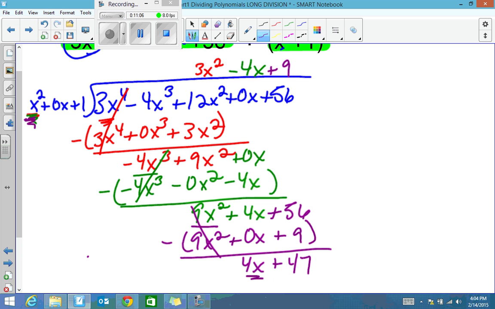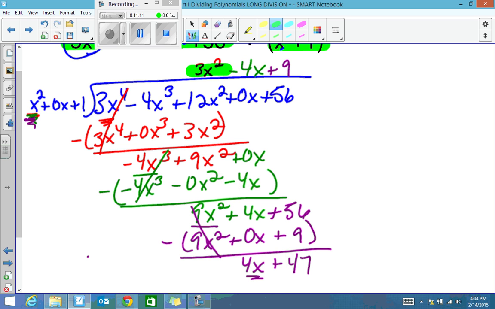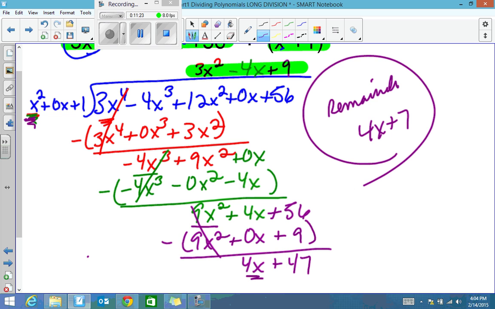So our answer is 3x squared minus 4x plus 9 with a remainder of 4x plus 47. Okay, so again, that's our division problem. They are not factors of each other because, again, we have a remainder.